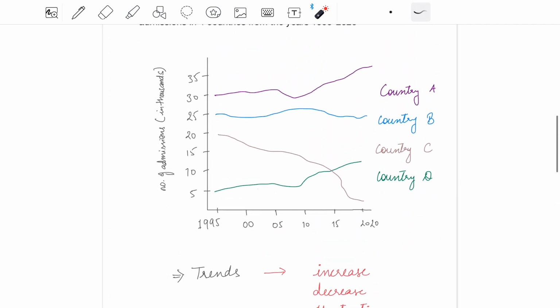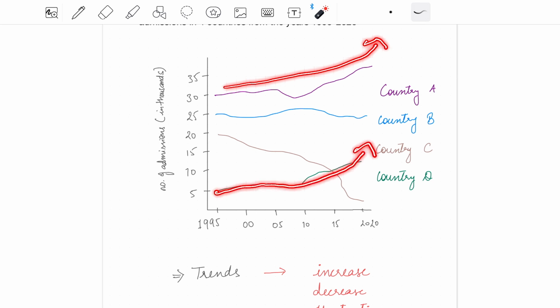So in this case we can clearly see that in case of country A the admissions are increasing, and we also see that in case of country D the admissions are also increasing. So I will mention these 2 countries together in my main body paragraph.